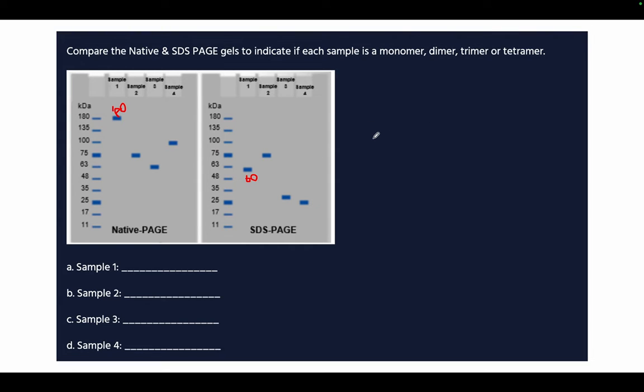So how will I find how many subunits there are? The number of subunits will be equal to the weight in native PAGE upon the weight in SDS PAGE. So this will be a trimer. I'll just write 3 for ease of understanding. It's a homotrimeric protein.